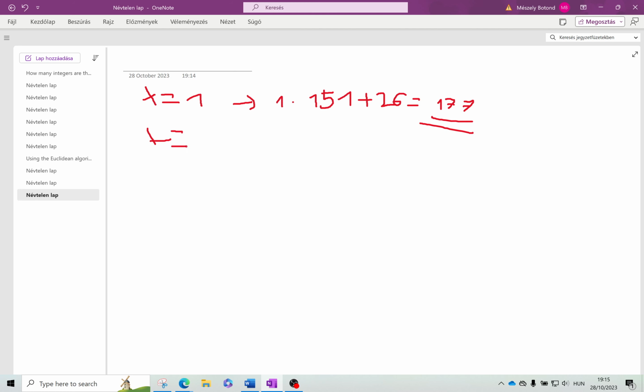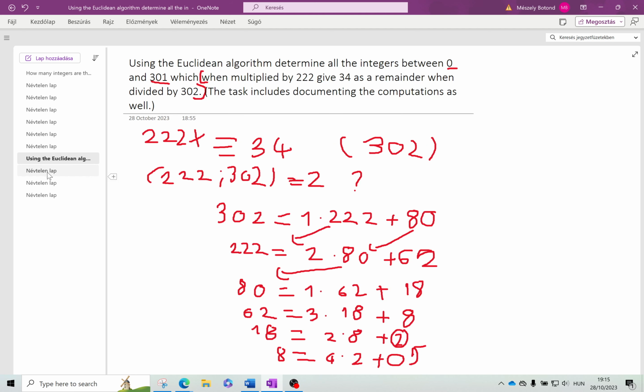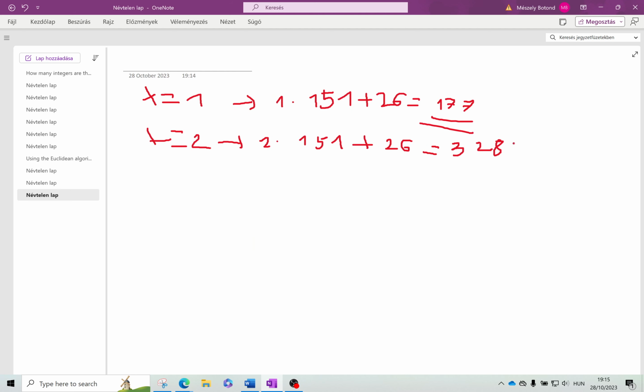Then x equals 2: 2 times 151 plus 26 equals 328. This is bigger than 301, so this number isn't a solution.